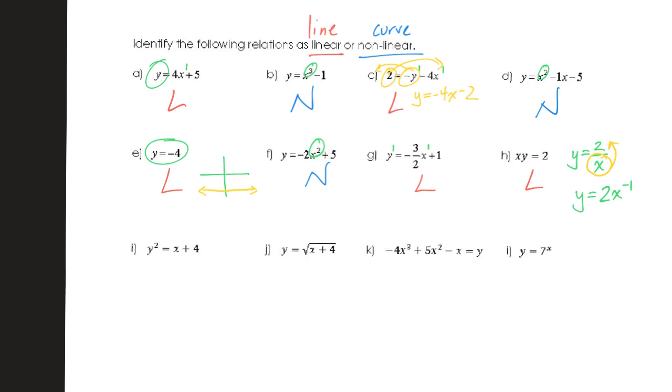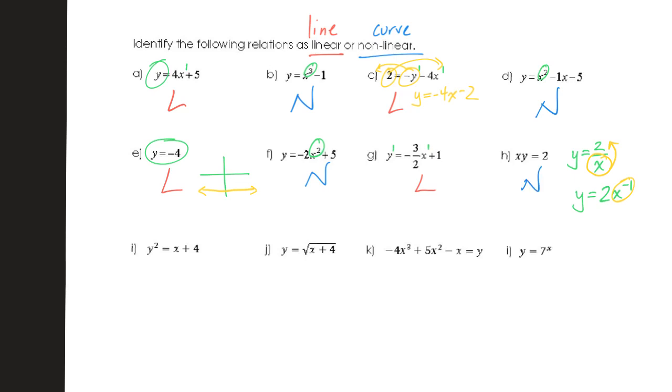y equals 2x to the exponent negative 1. Now we can see that my exponent on my x really isn't 1. It was negative 1. And because of that, it's not a line. We're nonlinear.